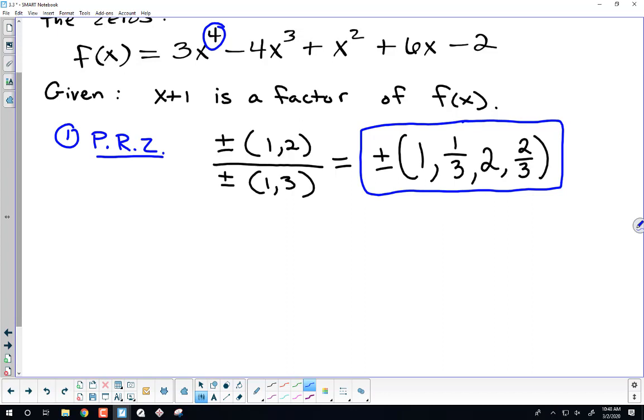So we're going to take the x plus 1 and use synthetic division on that. Remember, that corresponds to an x value of -1. And our coefficients for the original are 3, -4, 1, 6, and -2.